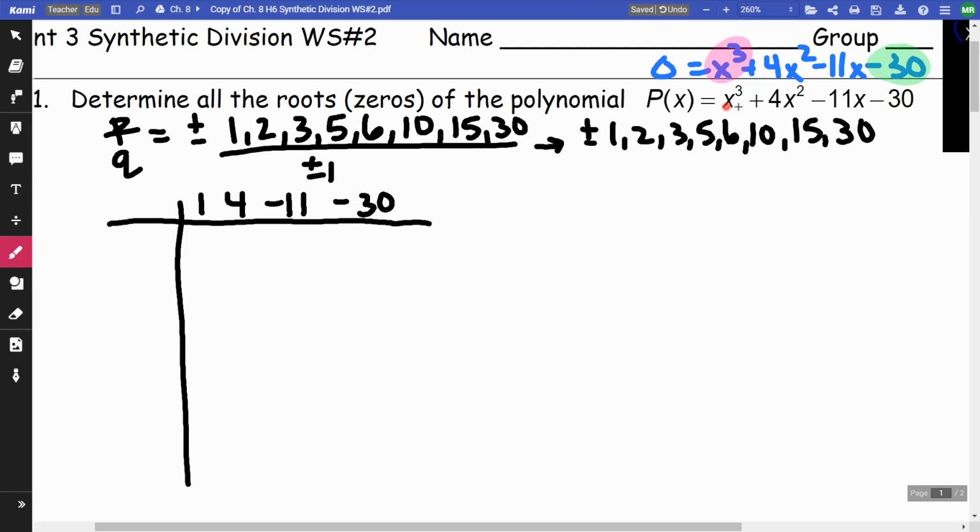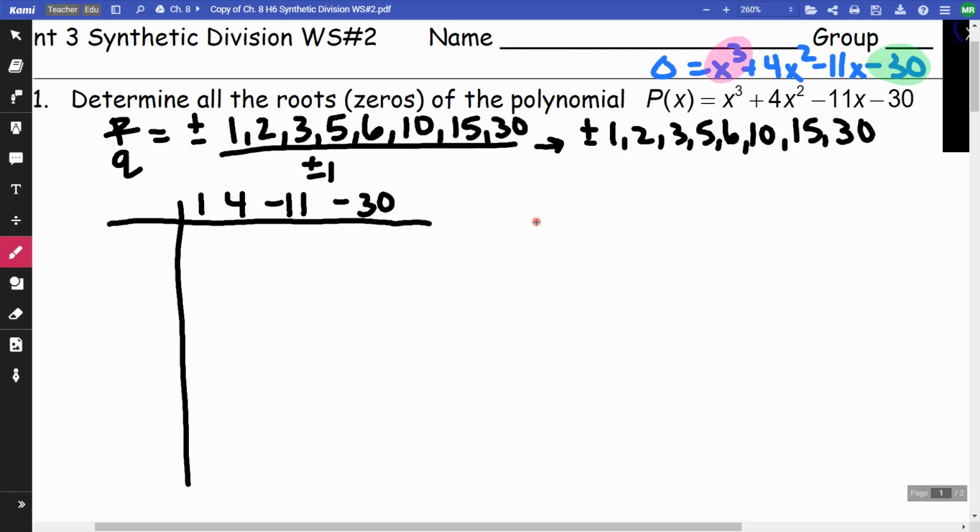If I put 0 in for all my x's, I would get a negative 30. Basically, my y-intercept is negative 30, so I am 30 below the x-axis for this graph. That's just something to think about as I'm doing this.